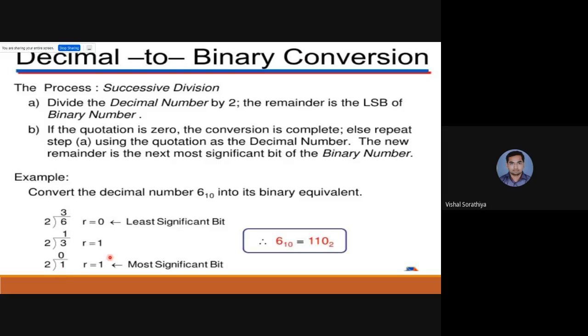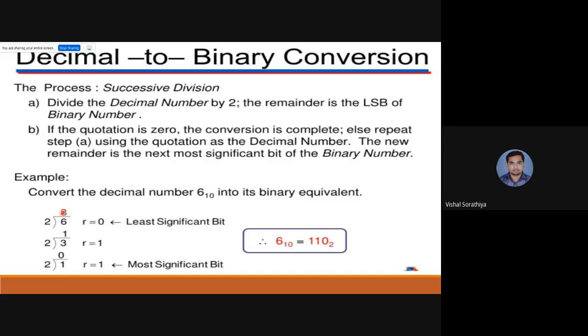If that number is going to be non-fractional, then you need to go from down to up in the successive division method. So if you are having the 6, their binary representation will be like 6 divided by 2, answer is 3, remainder 0.